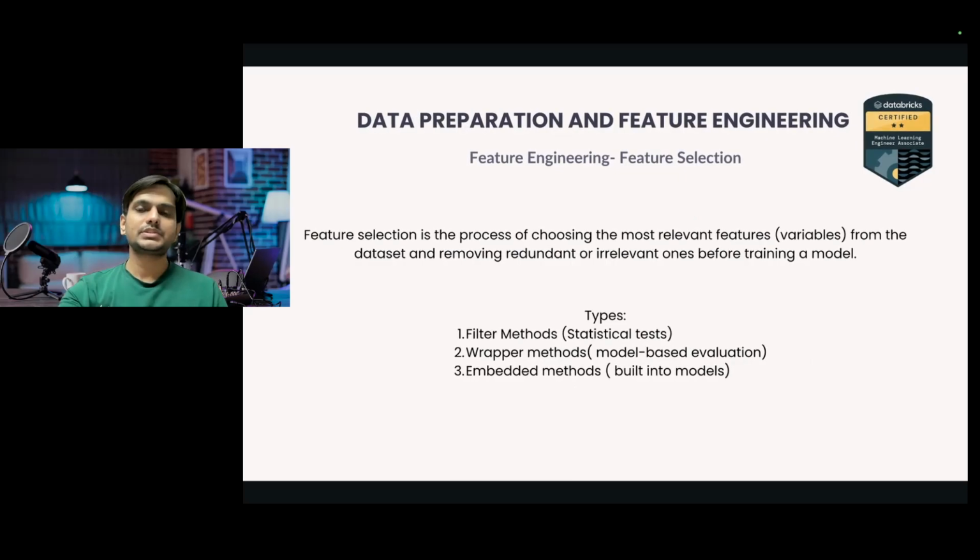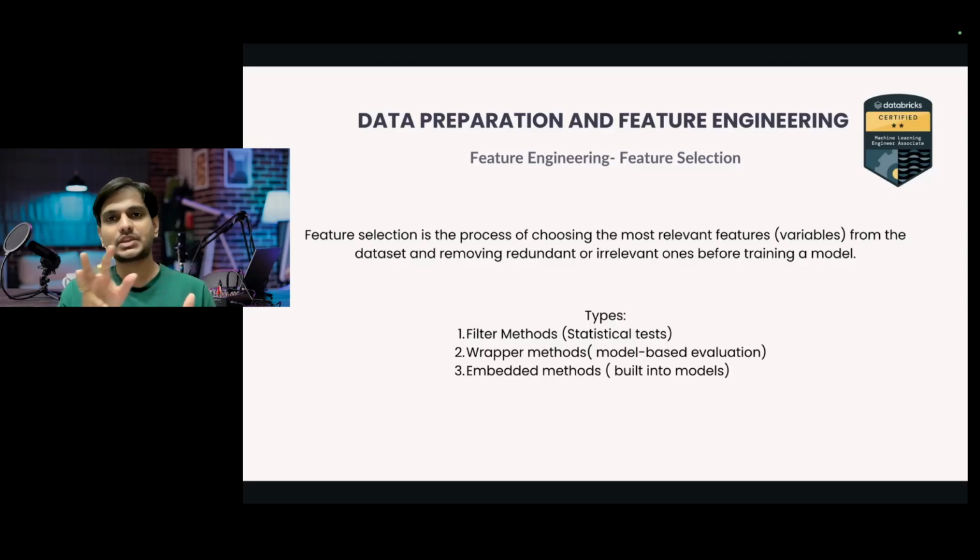So next is feature selection. We already talked about feature extraction. Feature selection is the process of choosing the most relevant features, right? Suppose we are talking about cancer cells. We might identify that there are different parts where you can extract the T cells. That identification is feature extraction.